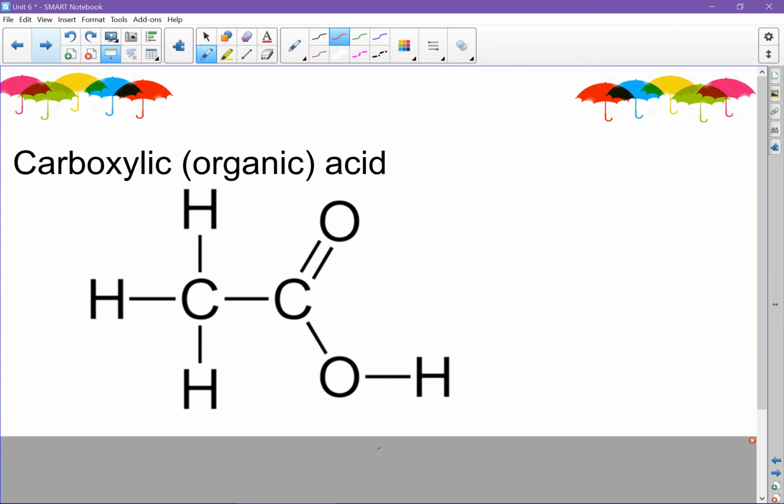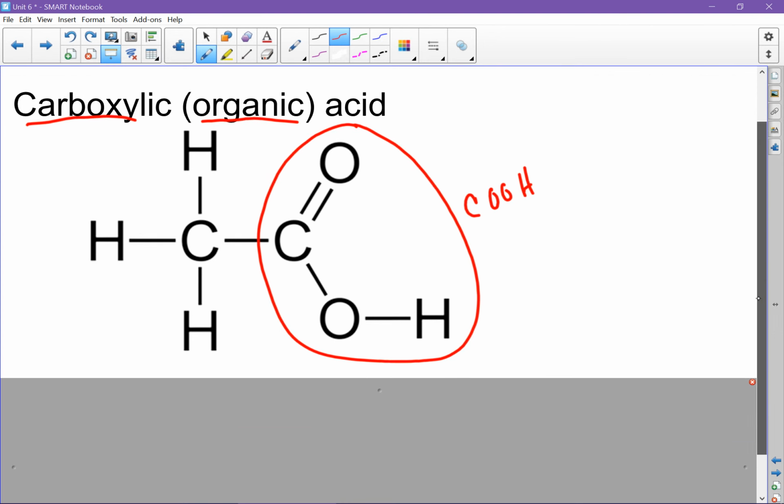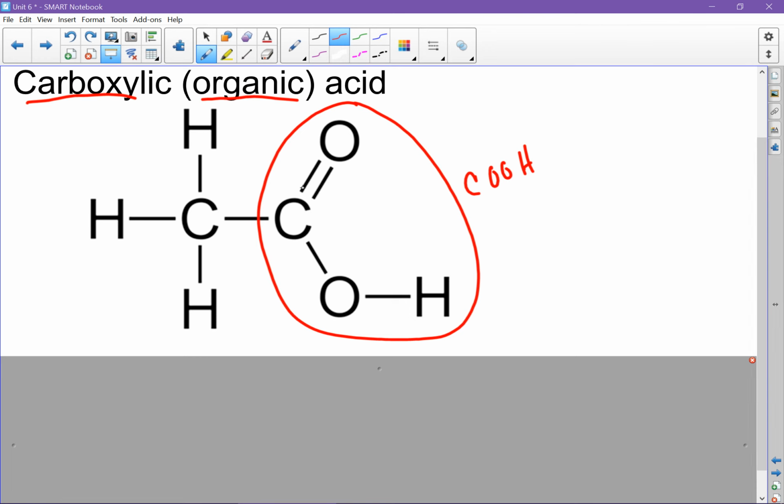Another organic compound is called a carboxylic or organic acid. They'll use these two words interchangeably, so it kind of means the same thing. The special part or the functional group here is the COOH. Okay? Notice that there's a double bond here and then a single down here.